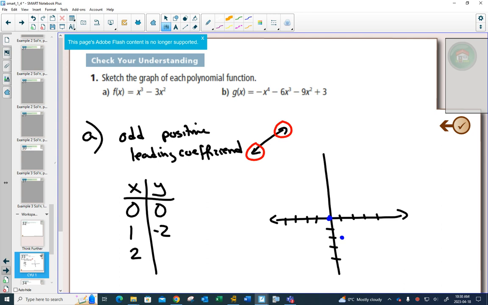You'd have 8 minus 12, you would have negative 4. What happens when x is 3? You would have 27 minus 27, you would have 0. And we could keep going. And the more points that you have, the more accurate you would get.